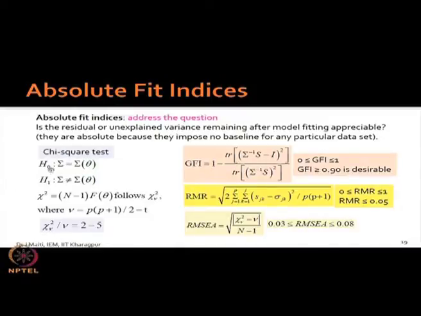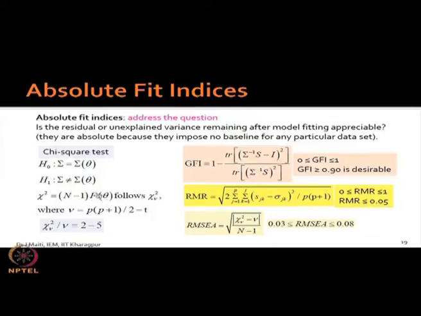There will be two hypotheses, null and alternate hypothesis. The null hypothesis is, we are saying that sigma equals sigma theta, that what you have estimated is correct, and alternatively you are saying no, they are not correct. Then we define one quantity called chi-square, which is n minus 1 into F theta, that F theta you have seen is the minimization function.